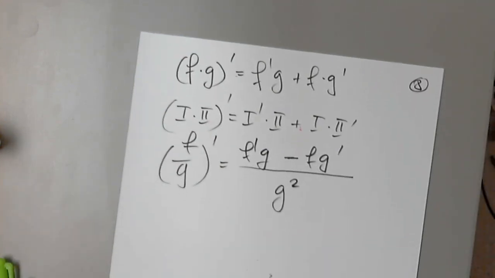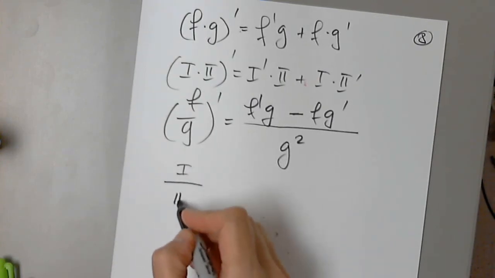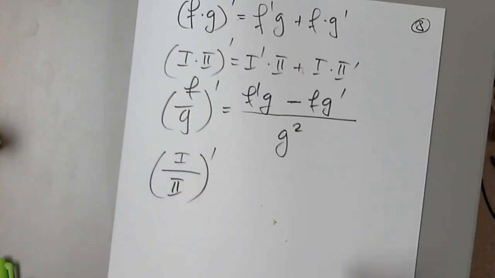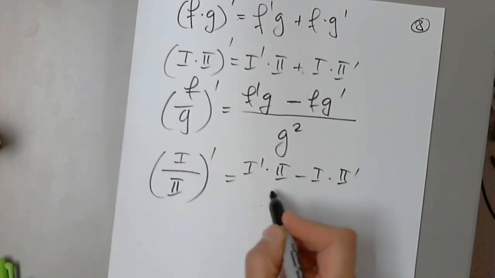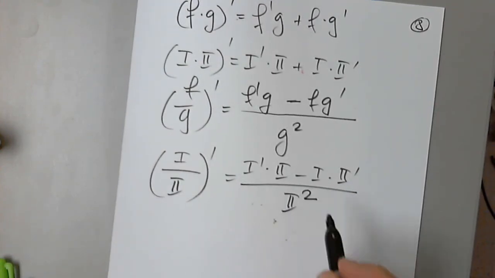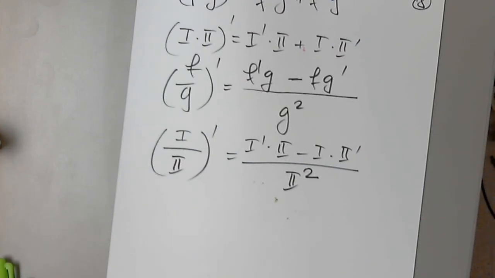So if we have 1, 2, not just f and g, it's 1 prime times 2 minus 1 times 2 prime divided by 2 squared. It's up to you the way you want to remember it. And I'd like to practice now with a couple of problems from page 189.